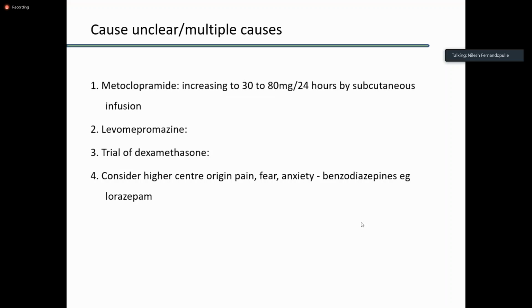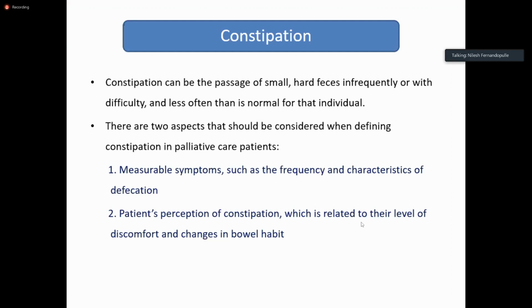Giving a benzodiazepine might be useful. You just need to relieve their anxiety, then their nausea, vomiting might get better. So that is basically a syndromic approach. And so you can basically forget everything I told you. This is the syndromic approach to managing nausea, vomiting in palliative care or even in general practice.